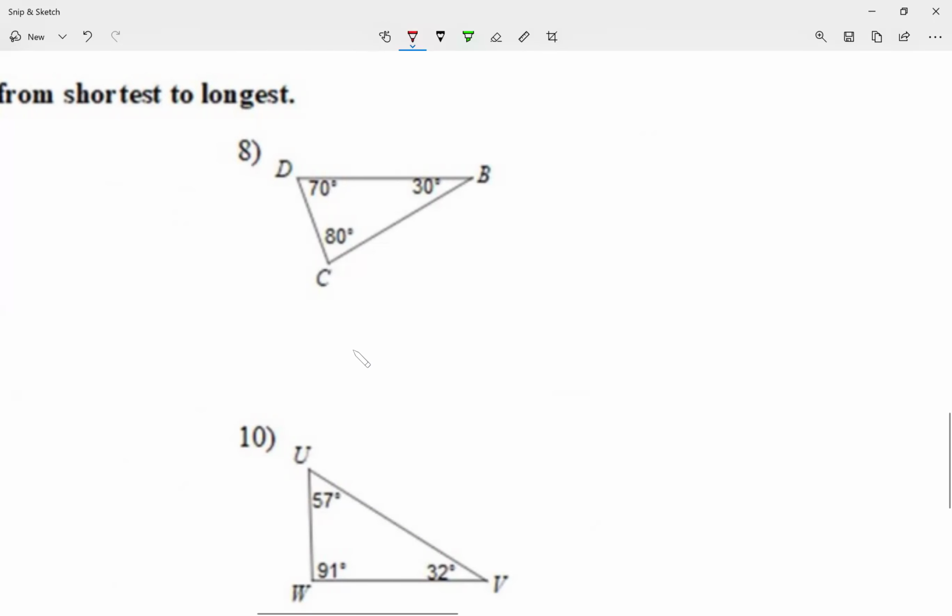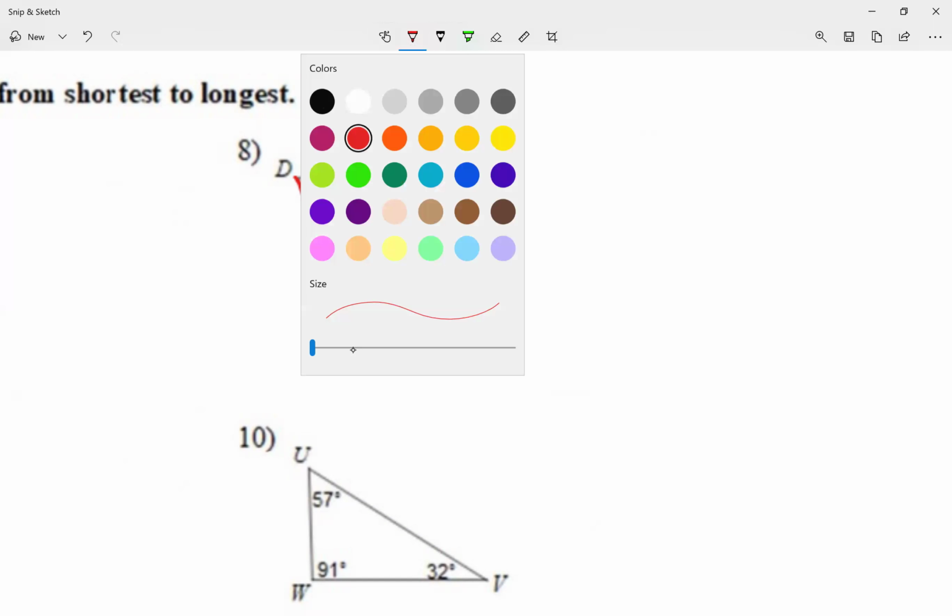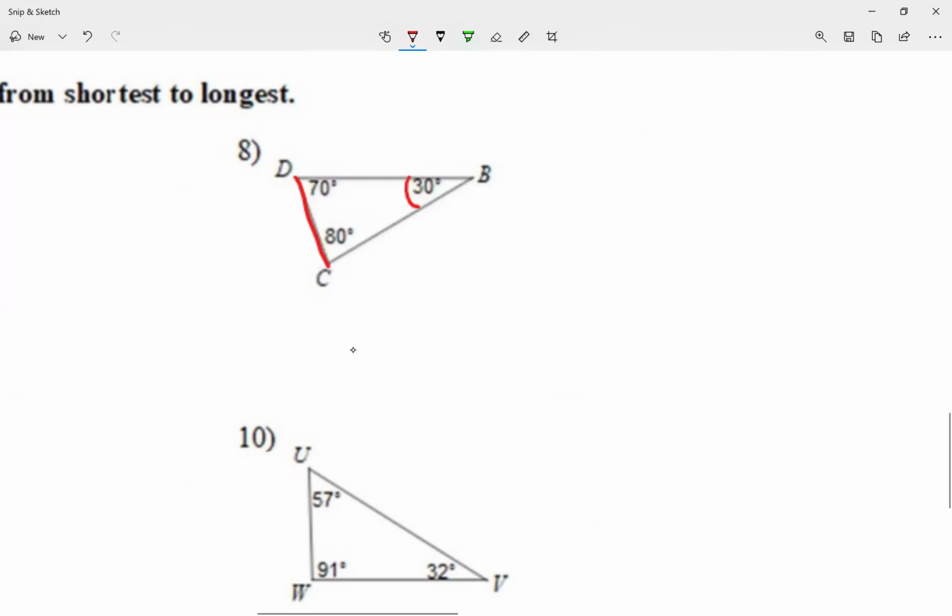Which one's the smallest angle? Well, 30 degrees. So that is opposite from the smallest side. So my smallest side will be DC. And I see commas there. Okay, which one's the medium angle? Well, 70. So the side that's opposite from the medium angle is the side CB.